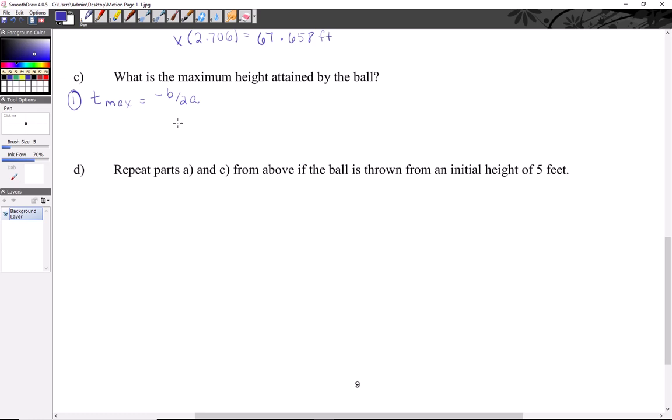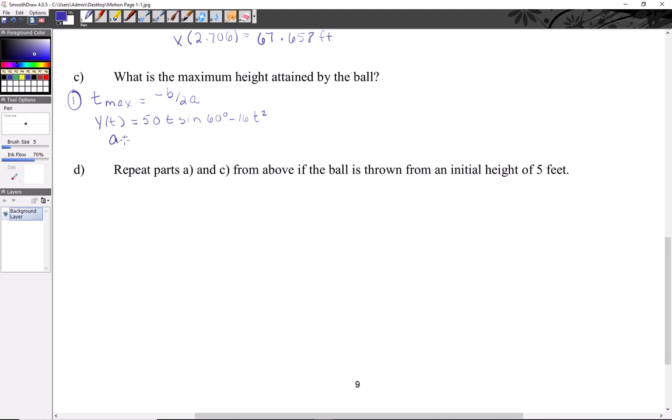That would be the x value, and then you could plug that in and get the y value. So we'll just start out with y of t equals, and we're just going to restate what we had up there. That'll be 50 t sine 60 degrees minus 16t squared.